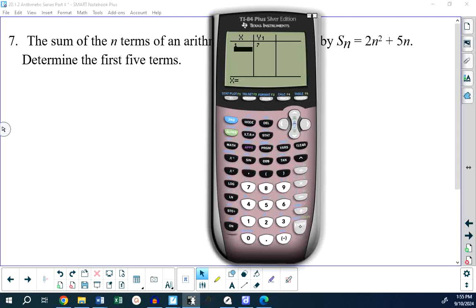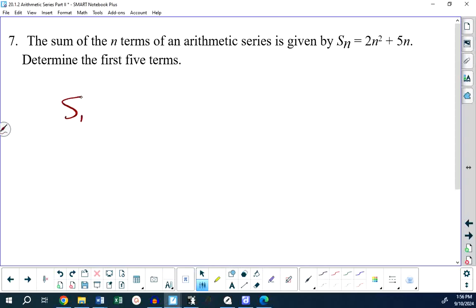You could put 1 in yourself and figure out it's 7, right? The calculator is just a quick way to get an answer. So if S1 is 7, what is T1? 7. Even saying the phrase, the sum of the first term, is weird. But it simply means that the first term must be 7, because when you add up the first term, you get 7.